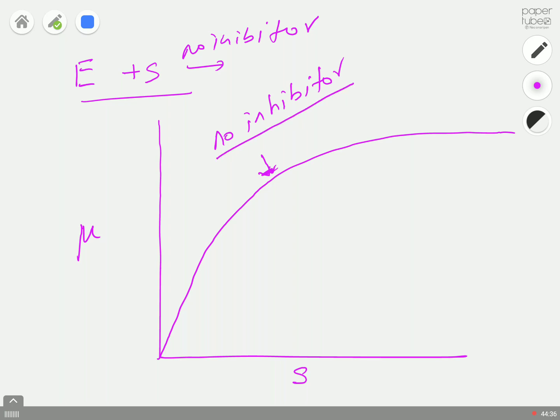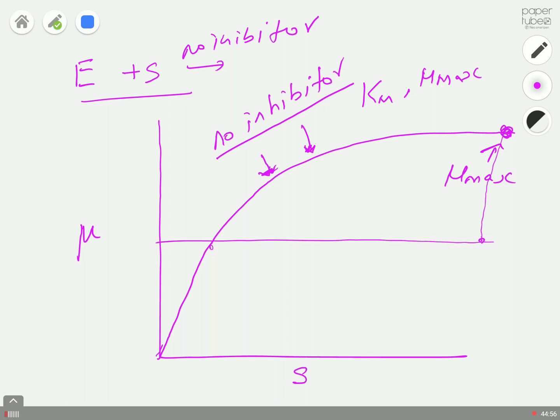Obviously your Michaelis-Menten expression will help you to calculate the kinetic constant Km, and this is your mu max. So we all know this is our mu max, the maximum initial velocity, and exactly half of that is around here. Whatever the substrate concentration when your initial velocity is equal to half of your maximum initial velocity should give your kinetic constant Km. So this is according to the rule of the Michaelis-Menten kinetics.